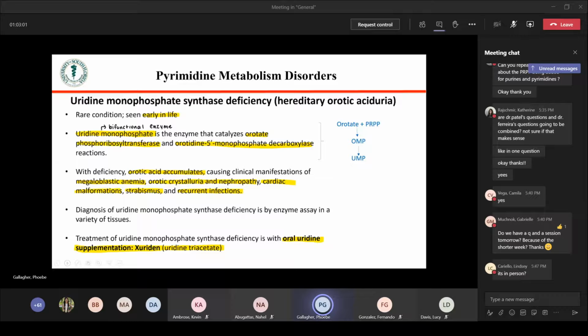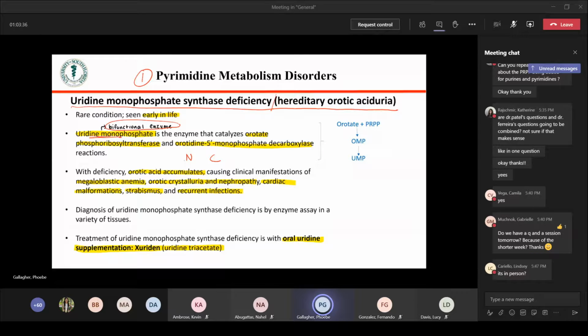Okay, and lastly, she's going to be talking about pyrimidine metabolic disorder. So you only have one pyrimidine metabolic disorder, and it's this. I would memorize both names because either could show up on the exam. So know both names. You should also be able to understand that this is essentially a dysfunction in the bifunctional enzyme that we talked about. Remember, it's the one that has the N terminus and the C terminus.